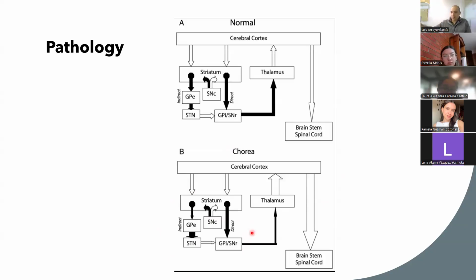We're going to see the next ones, and we're going to see that the different pathologies affect different areas of this circuit. So we go back after the explanation of all of them, and I think you will have a clearer picture of all of this, right?